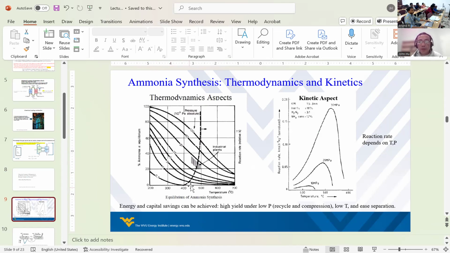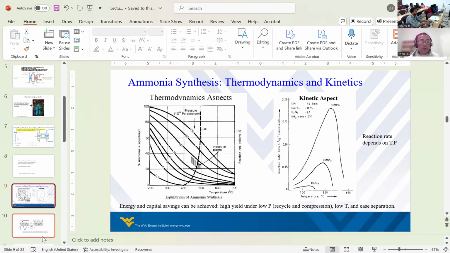At ambient pressure, you can only do the conventional Haber-Bosch approach, operating at 200 to 400 degrees C. Beyond 400 degrees C you don't have conversion because of the thermodynamic limitation, so you have to raise the pressure. But with chemical looping, we are able to operate at ambient pressure because it is not subject to equilibrium control. Hydrogen and nitrogen are not put together in the same vessel. This is a summary of what you learned yesterday.